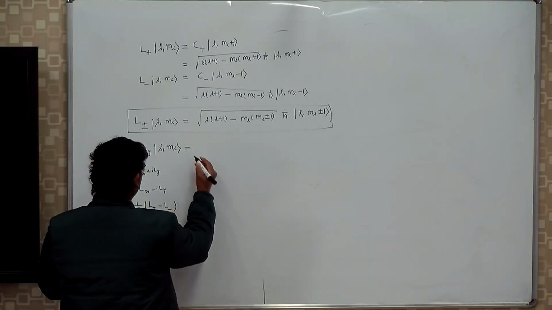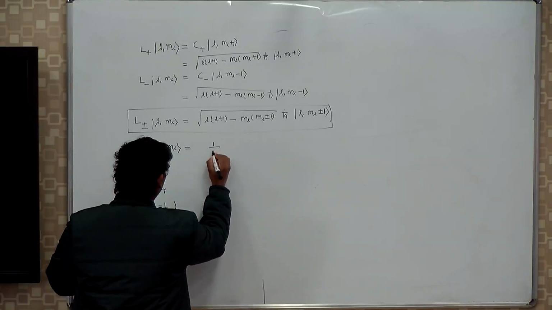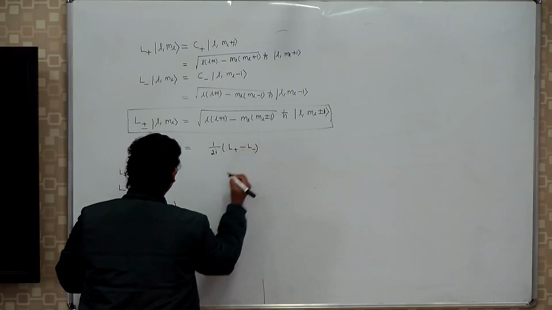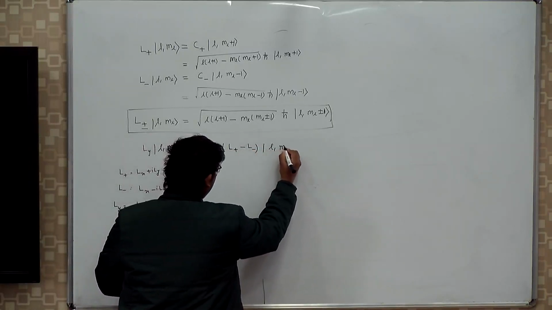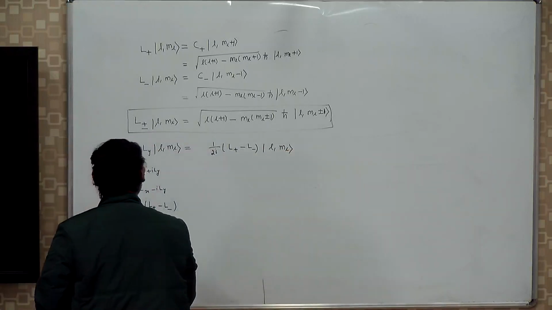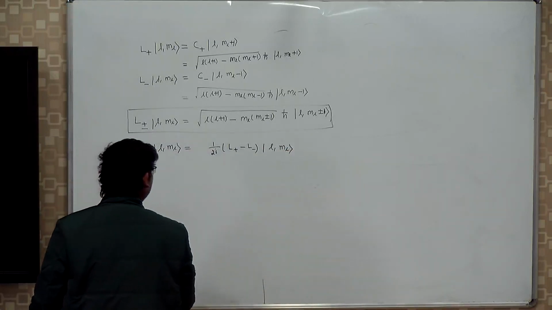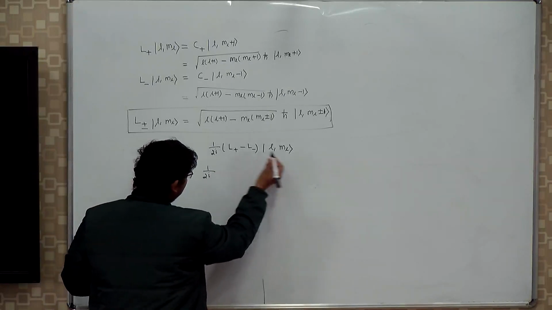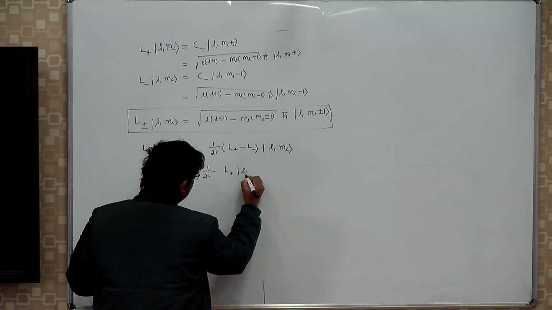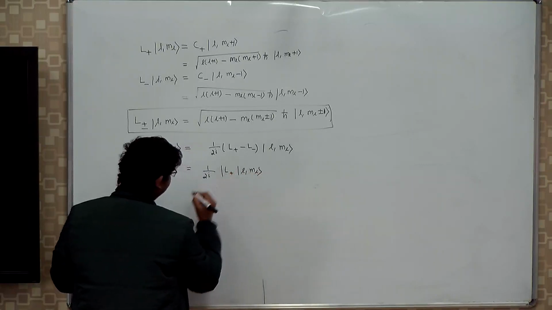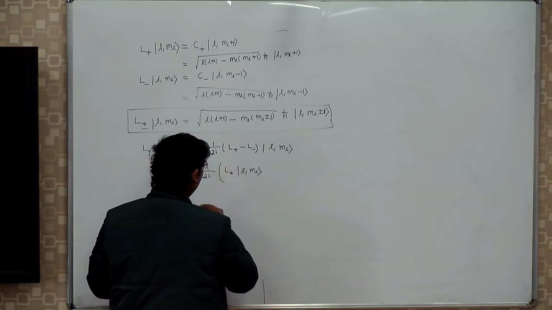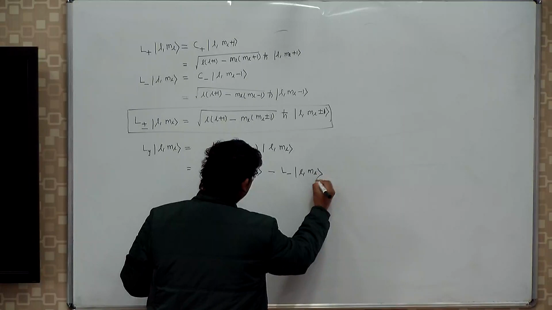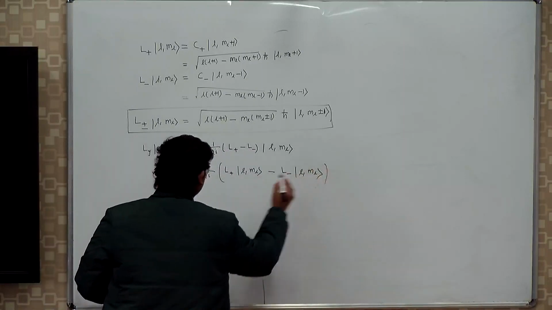Then if we feed this value here, 1/2i (L+ minus L-) with the state vector L, mL. Again 1/2i, so L+ acts on the state vector mL, minus L- acts on the state vector L, mL.